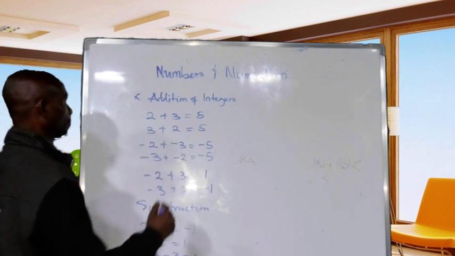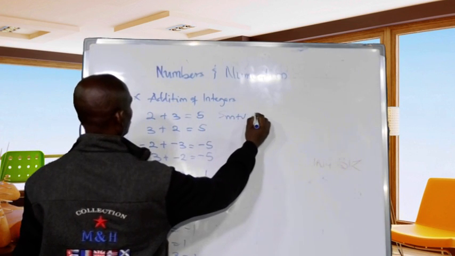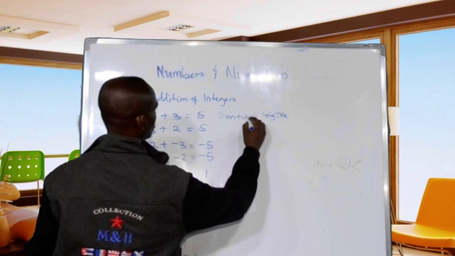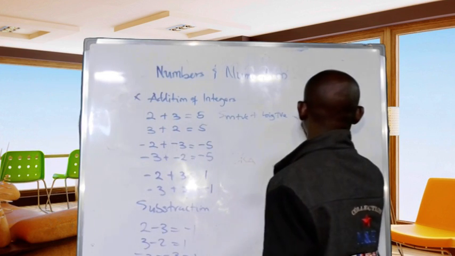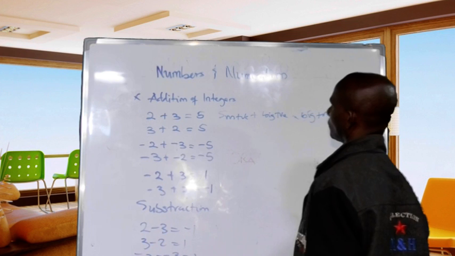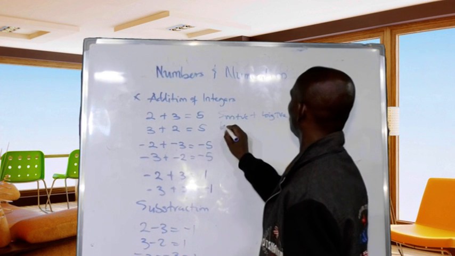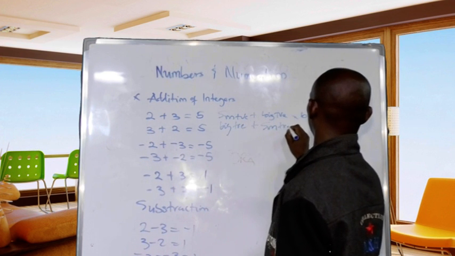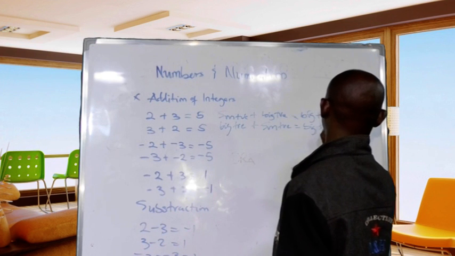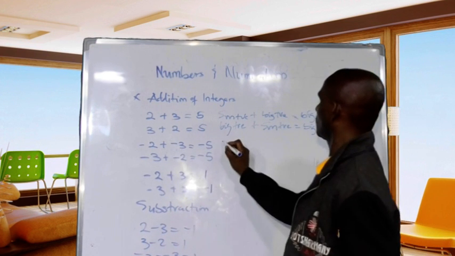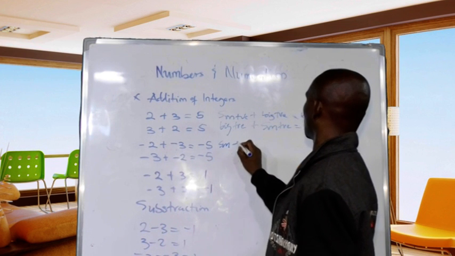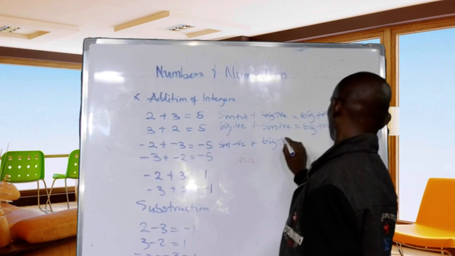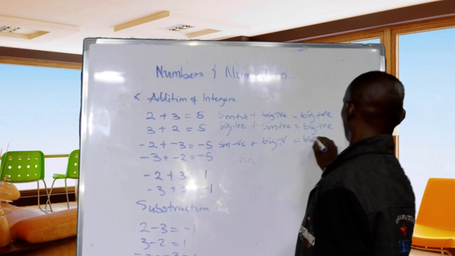Let's do a summary on these two. To summarize the addition of integers, we have small positive plus big positive is equal to big positive. The next one here we have big positive plus small positive is equal to big positive. The next one here we have small negative plus big negative is equal to big negative.